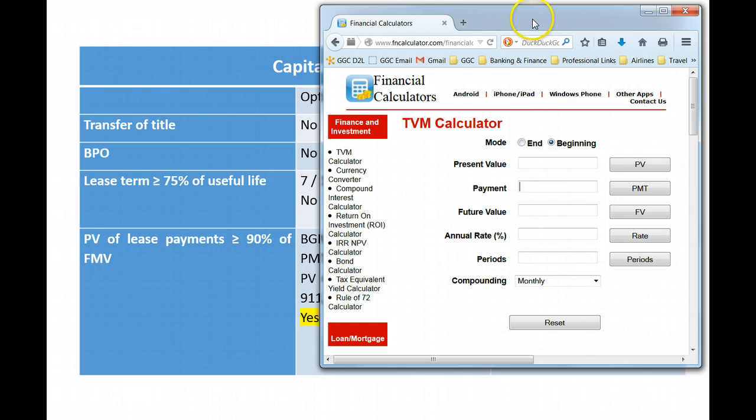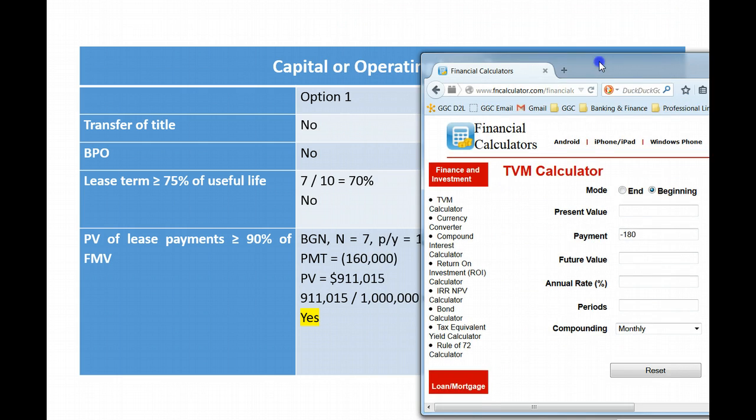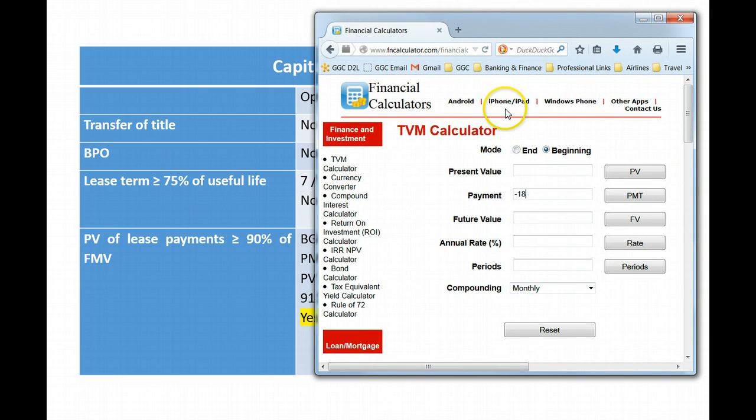The payment, each payment for this 7-year lease is expected to be $160,000. So each payment we plug in as a negative $160,000. The discount rate associated with this lease option is 7.5%. There are 7 periods associated with this lease, and they are annual.